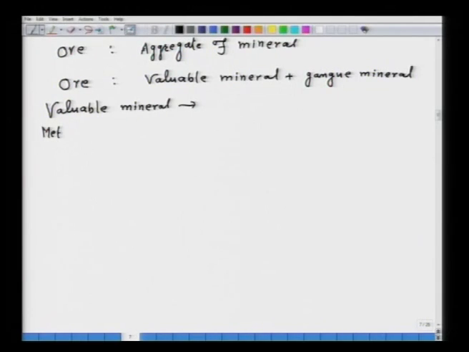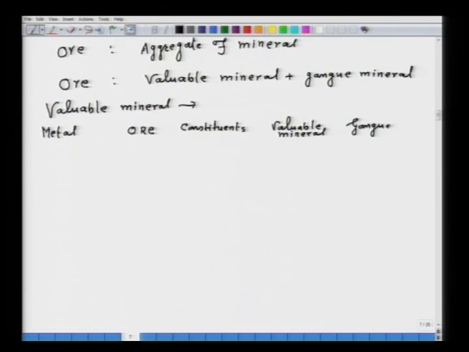For example, let me give you an example. I consider here metal, name of the ore, constituents of the ore, valuable mineral, and gangue mineral.